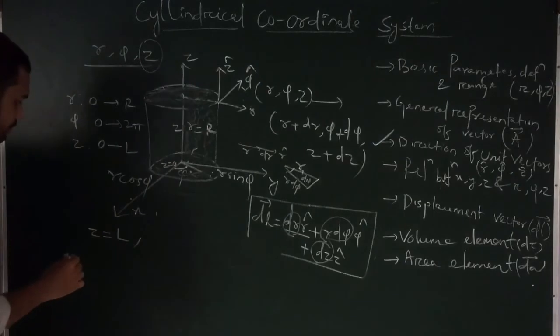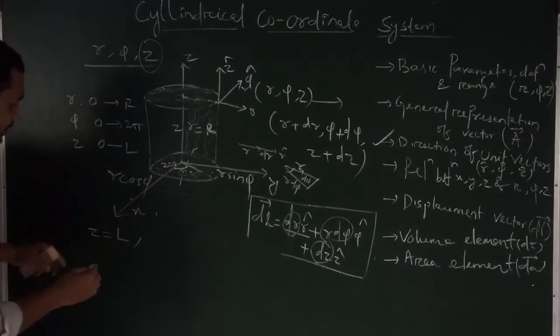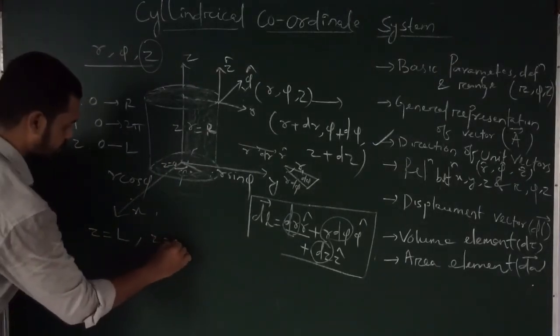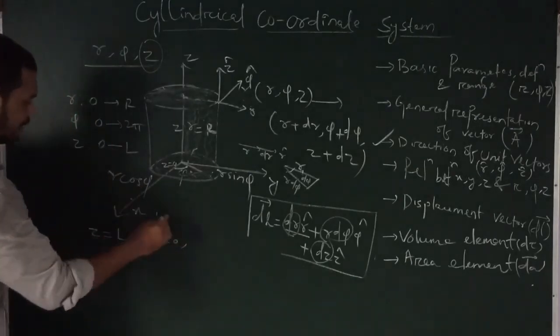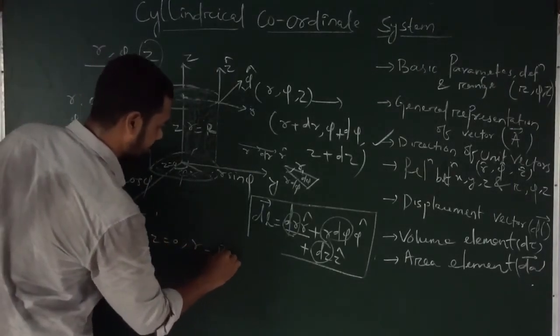Okay, so we have 3 planes: the z equals L plane, the z equals 0 plane, and the r equals capital R plane.